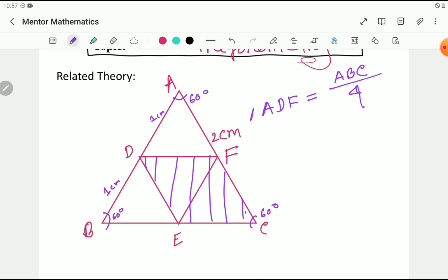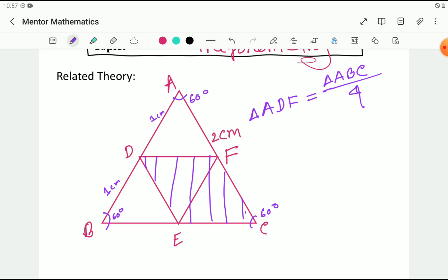The area of ADF is 4 times lower than the area of ABC. That means the ABC triangle has been divided into 4 pieces, and out of them we have to find out the area of two triangles. One is DEF, another is EFC.